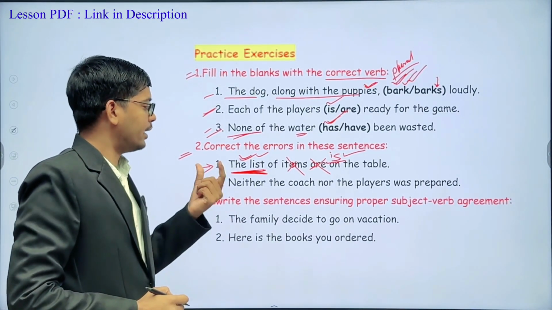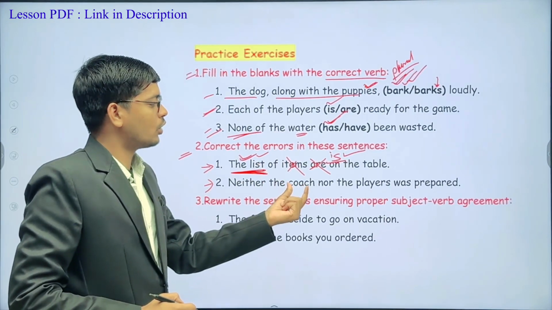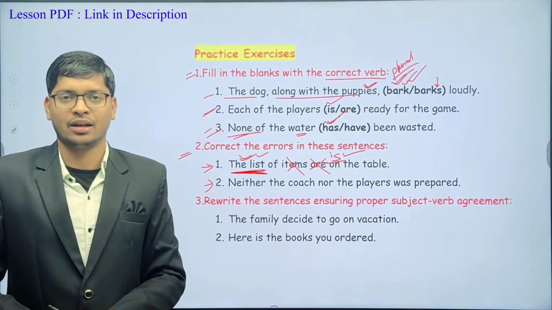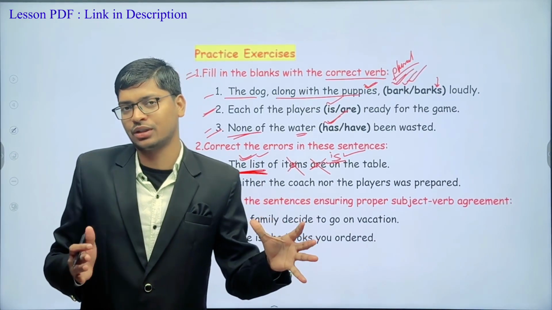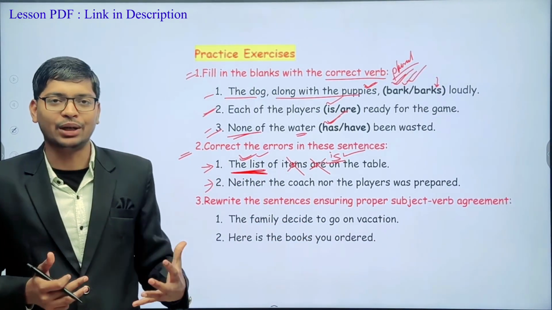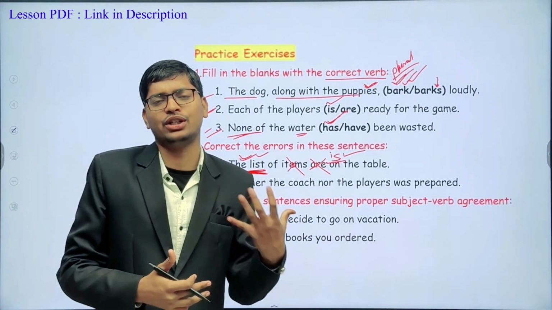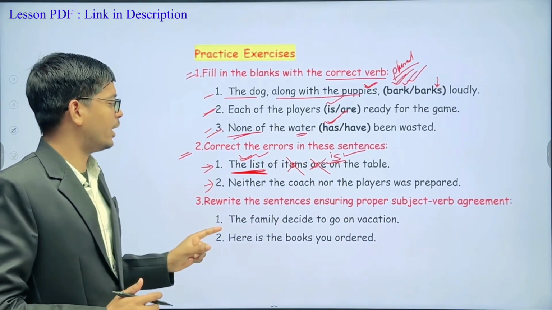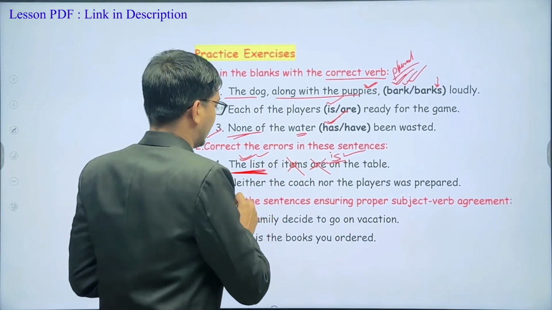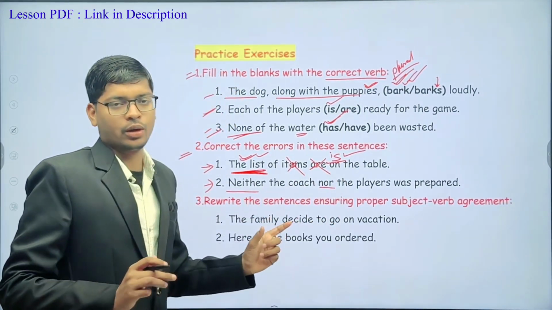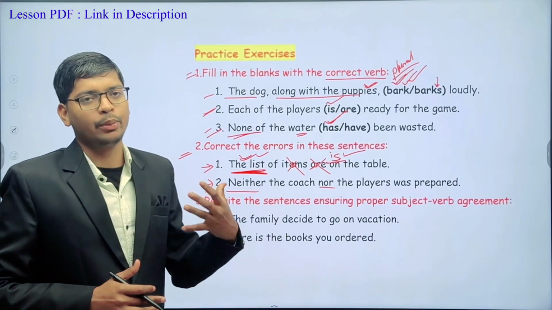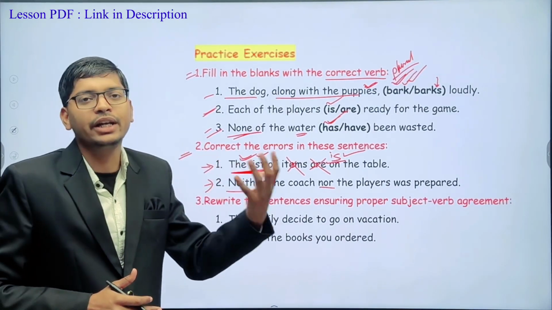Next sentence: neither the coach nor the players was prepared. Guys, if you remember our basic or intermediate rules, you can easily solve this question. Here is neither nor. Whenever you see or, nor, the verb depends on the nearest subject.